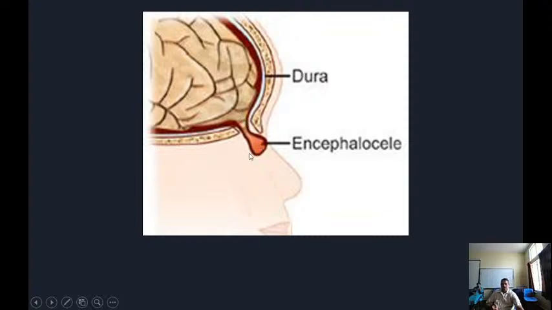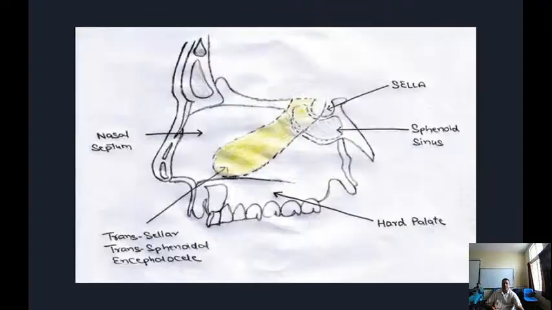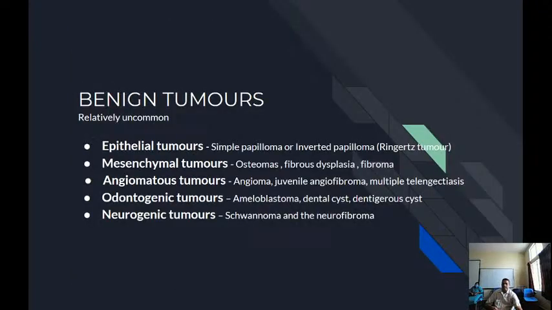So this is also radiologically you can make a diagnosis, and then the treatment is, once again, this is the nasal. Okay, there is a defect there, and then from there the encephalocele is presented into the nasal cavity. So with that, those are the congenital conditions which are present. They are swellings but not tumors.